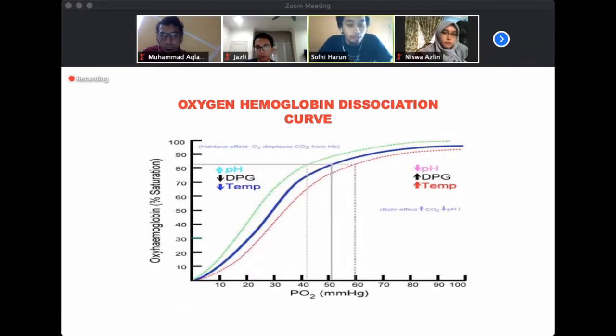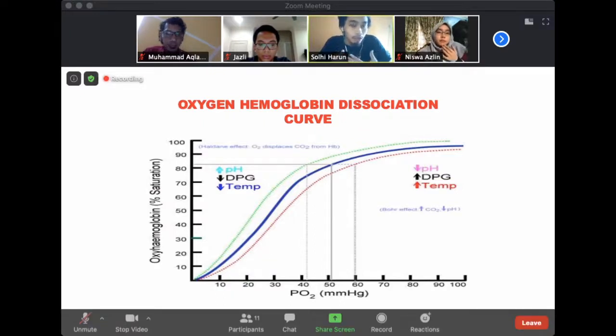The first thing I want you to look at is the shape of the curve. The shape of the curve is actually S-shaped, sigmoid. This is because of the property of hemoglobin, in which when it binds to one oxygen molecule, it becomes easier for the next molecules of oxygen to bind.